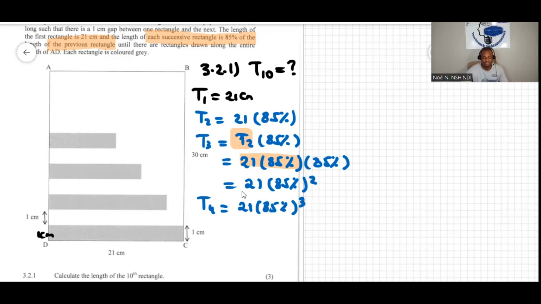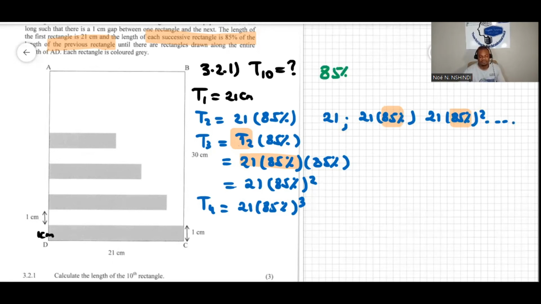So the lengths of the rectangles are 21 times 85%, and then 21 times 85% to the power of 2, and so on and so forth. Then we can notice that we have a constant ratio in this question of 85%, which is equivalent to 0.85.